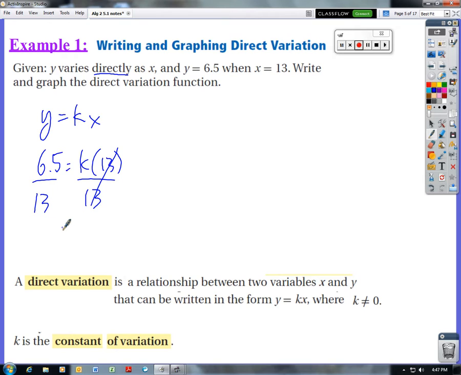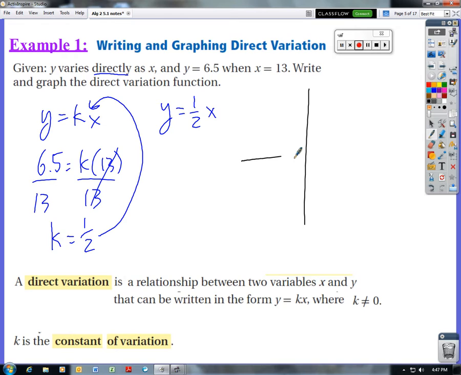And 6.5 divided by 13, 6.5 is half of 13, so that's going to be 1 over 2. So that's our k, our constant of variation. So then let's plug it back into our original equation, and we get y equals 1/2 x. Hopefully you figured out that when I said do this one by yourself, you could just pause the video.